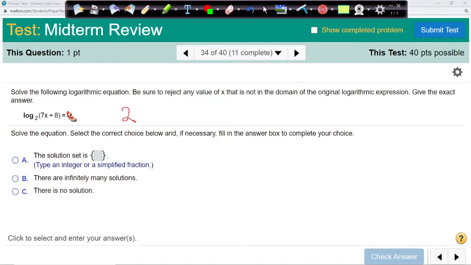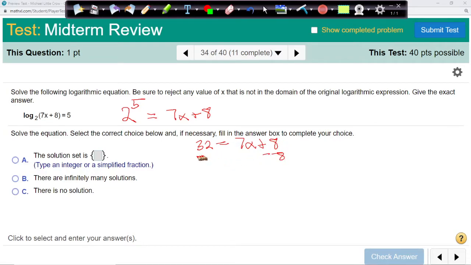The answer to a log becomes the exponent, and the input of a logarithm becomes the answer of the exponential. Now 2 to the 5th, that's 2 times itself 5 times, that's 32. So we get 32 equals 7x plus 8.